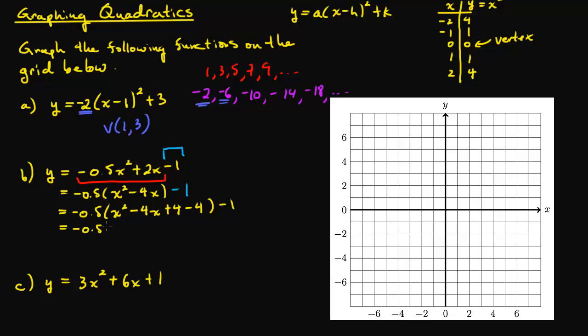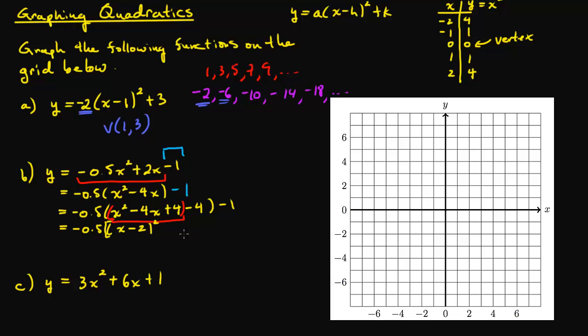So then we have negative 0.5, and using these three terms we've created a perfect square. We can group these three terms together, and they factor into x minus 2 squared.